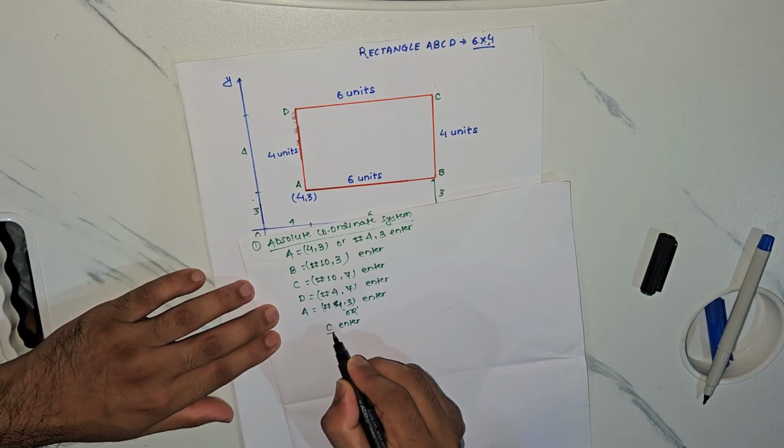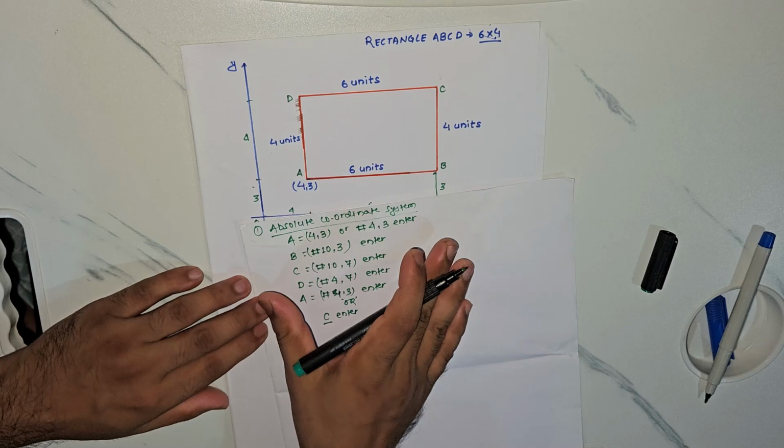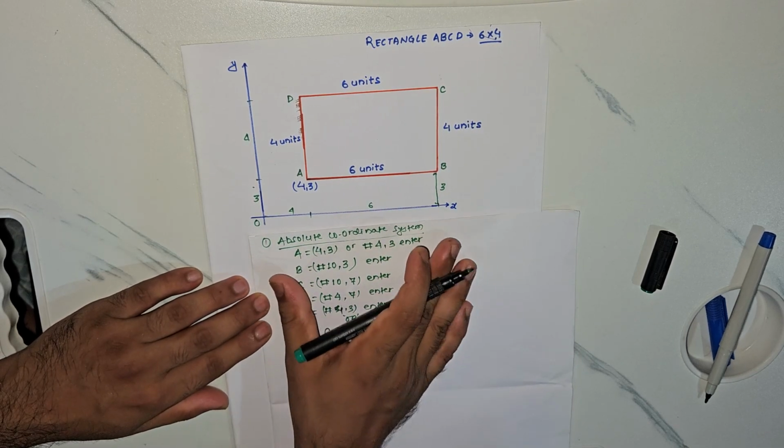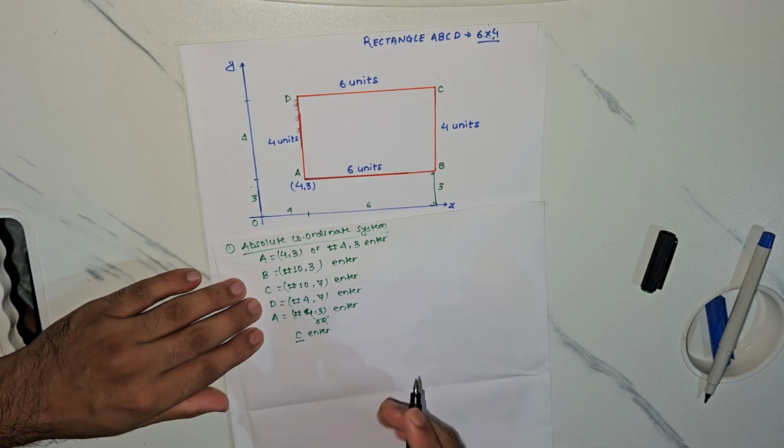C means close, this will close the figure. So this is the complete coordinate system in absolute coordinate system for this given rectangle.